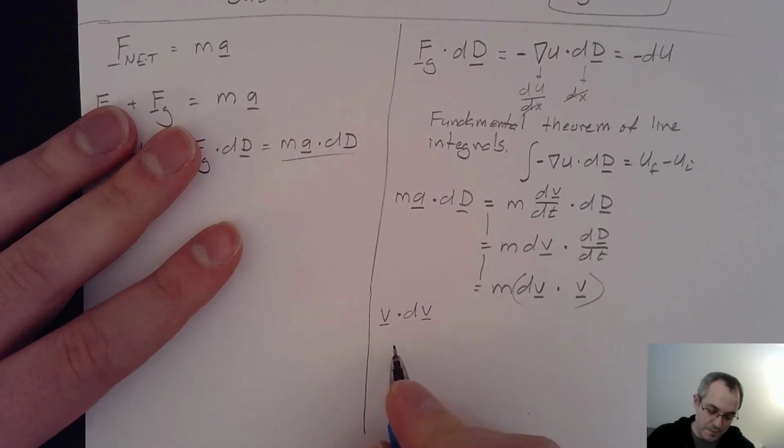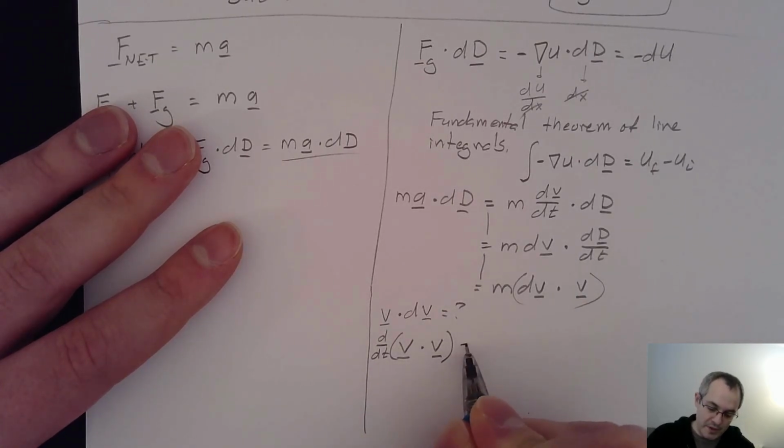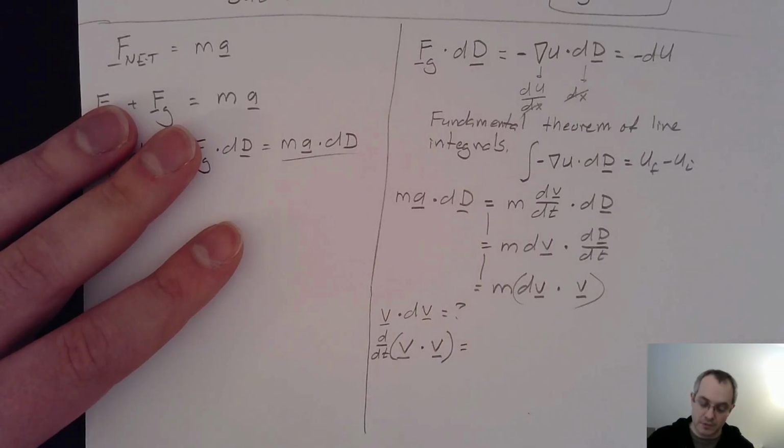So what we're going to do is say that we have something that's v dot v, and we want the derivative with respect to time of this. Well, if we did that, it's just regular old product rule stuff, right?